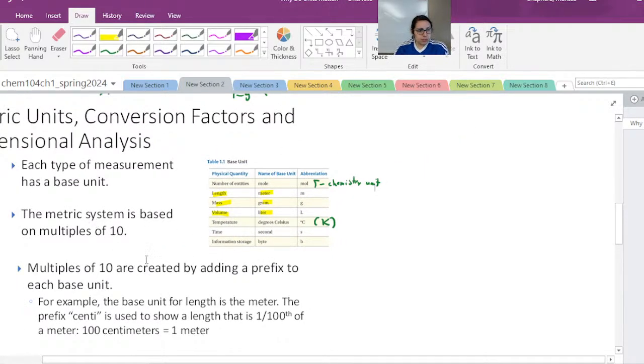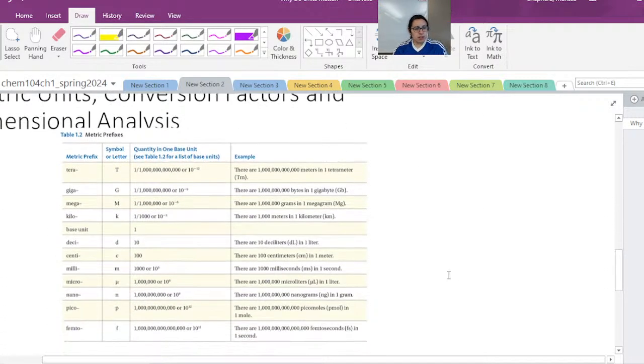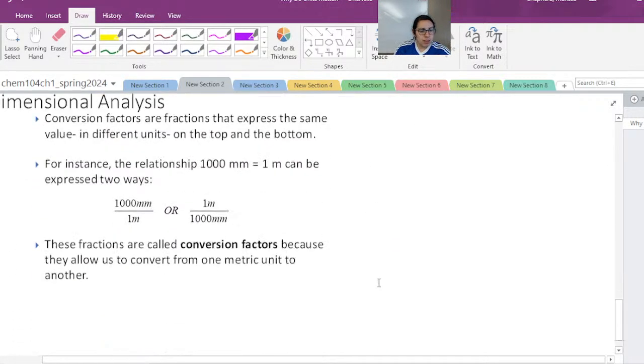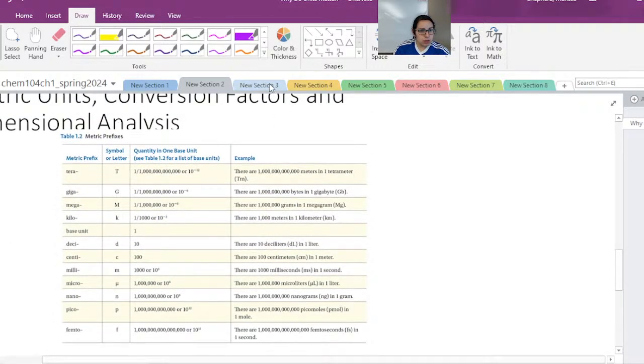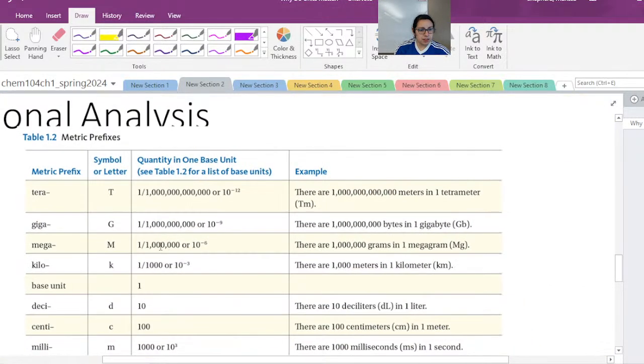Multiples of 10 are created by adding a prefix to each base unit. I have 2 charts that say the same thing in different ways. If we look at the top here, this is tera, and it's telling us quantity in 1 base unit.